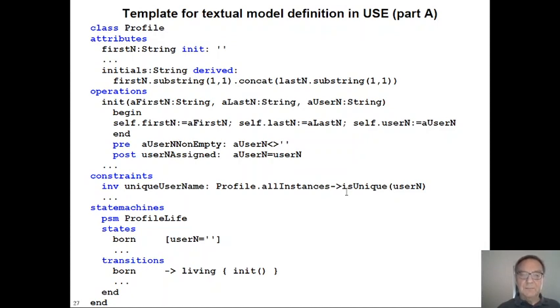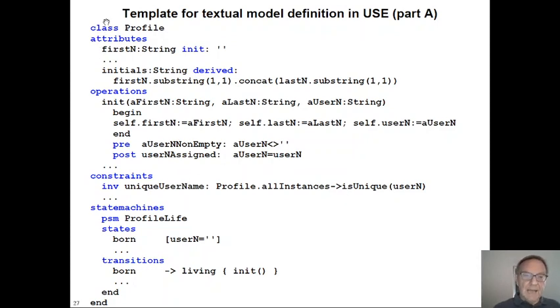And I have displayed the respective keywords in blue. So this is on the one hand a template for textual model definition, and on the other hand these two slides emphasize and show the most important keywords that occur in a model and that are associated with particular graphical concepts that we have seen in UML.